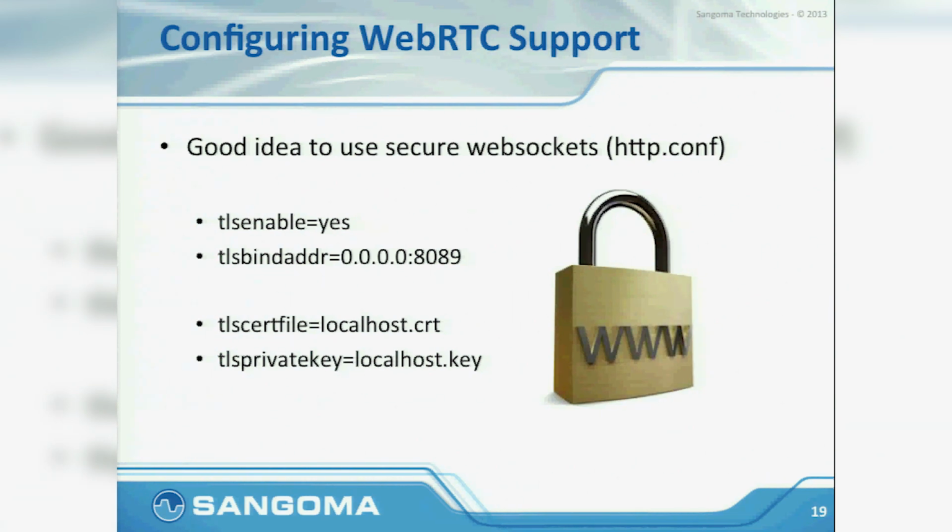So using TLS is, as I said, the way to go if you want security. It's going to complicate things a little bit because, if you're not already familiar with TLS, now you need to generate your self-signed certificate. You can generate a certificate request and all these steps. There's quite good documentation at the Asterisk Wiki about how to do that, so you should be able to get it going.